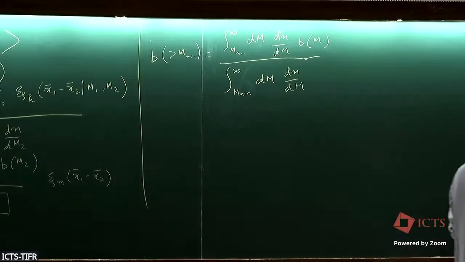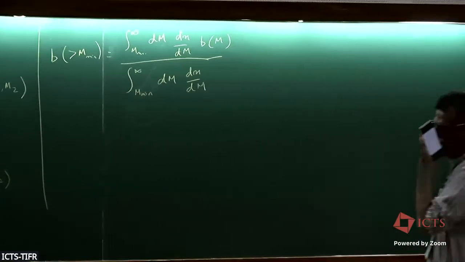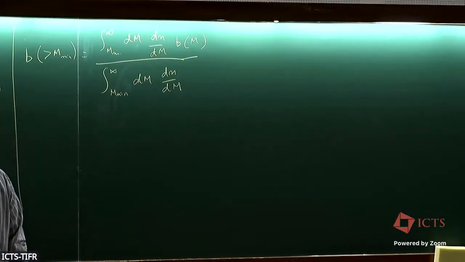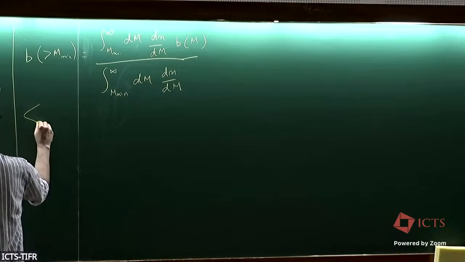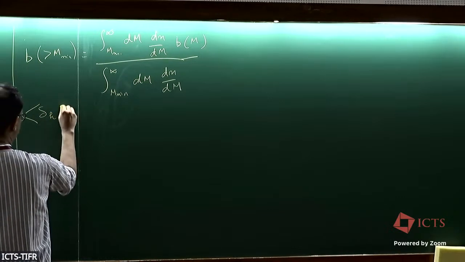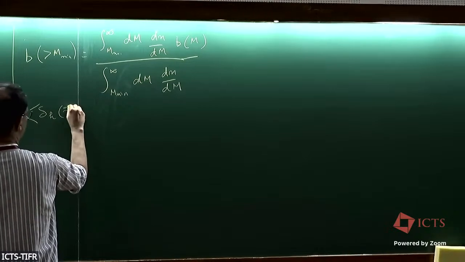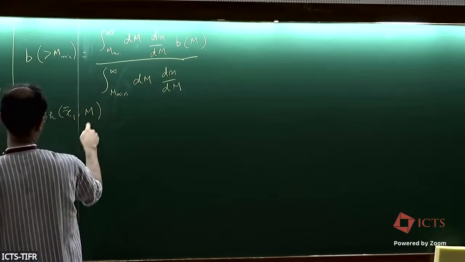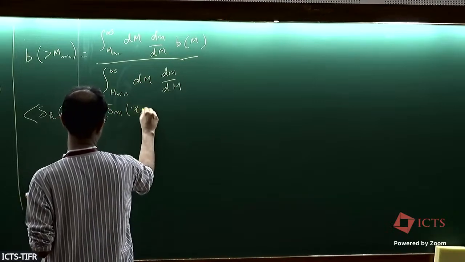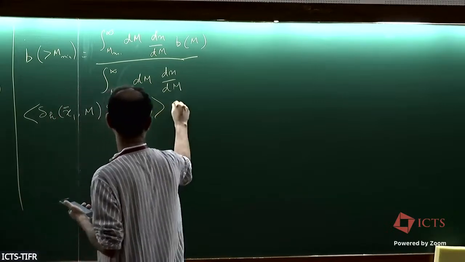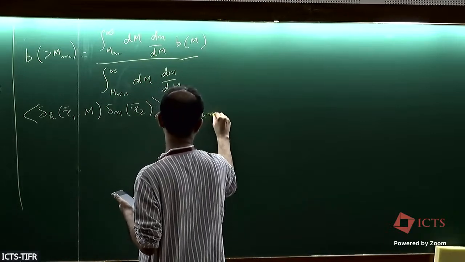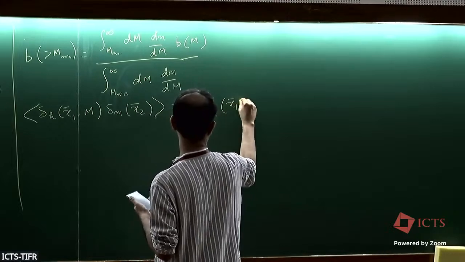Just one more thing, sometimes we may be interested in calculating the cross correlation function. So maybe we will be interested in calculating something like delta h at x1 and delta m at x2. We will call it psi halo-m of x1 minus x2.